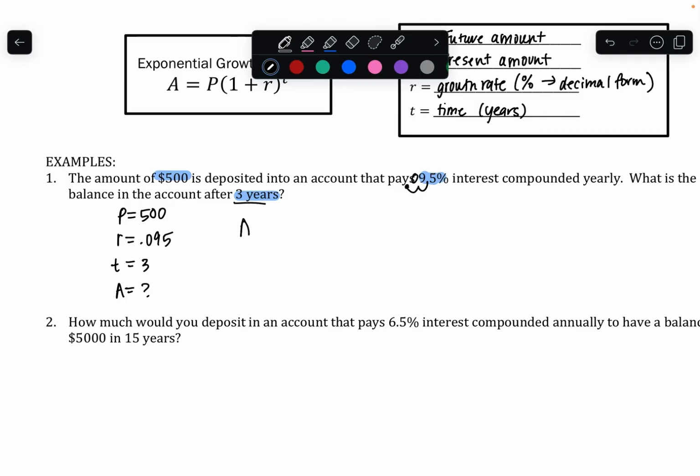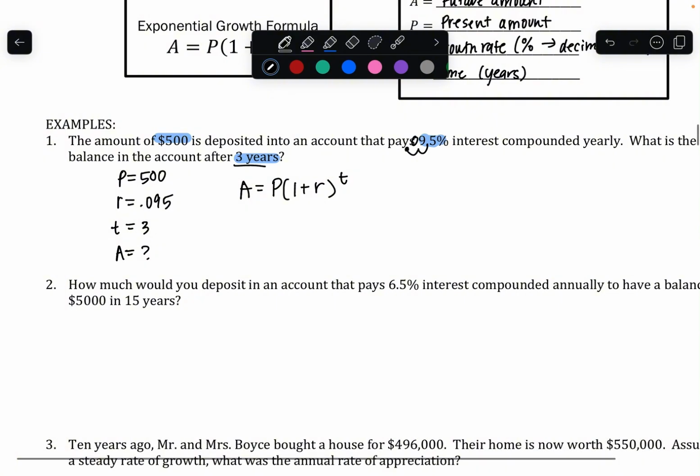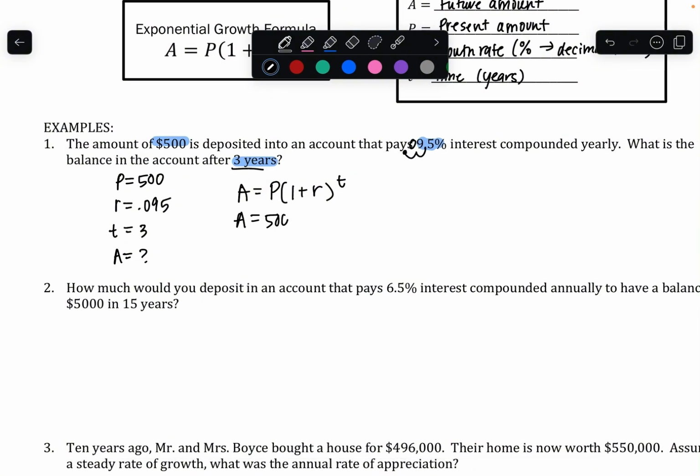And so using our formula, A equals P times (1 plus R) to the T power. So A would be 500 times (1 plus 0.095) raised to the 3rd power.